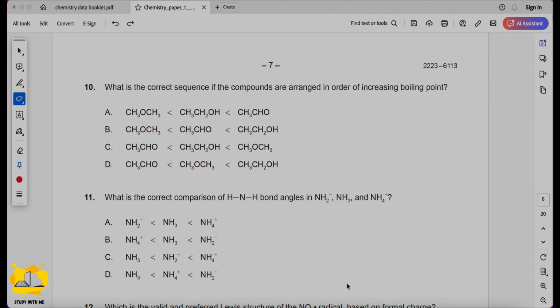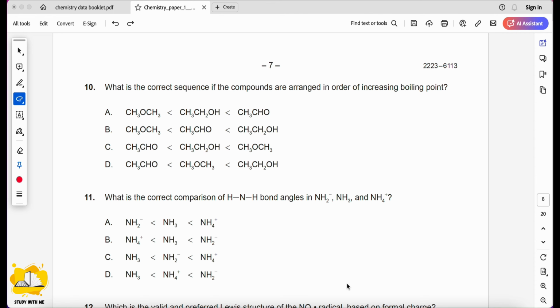Okay. What is the correct sequence if the compounds are arranged in order of increasing boiling point? So we have here the dimethyl ether, and then we have ethanol. Ethanol definitely will be the highest one because it has hydrogen bonding.